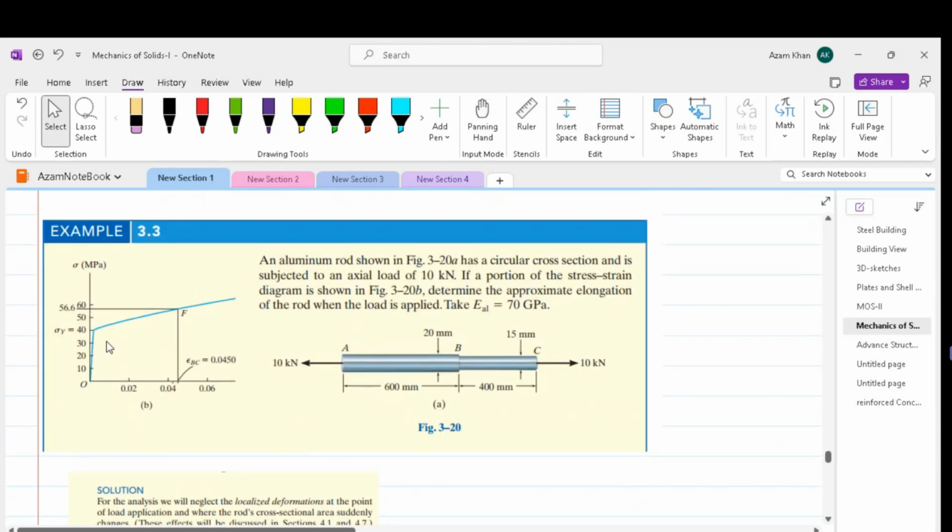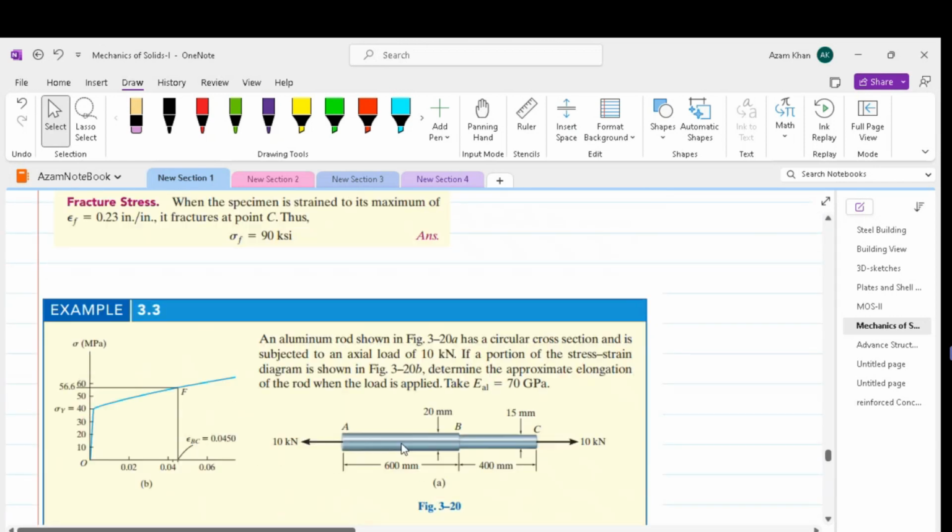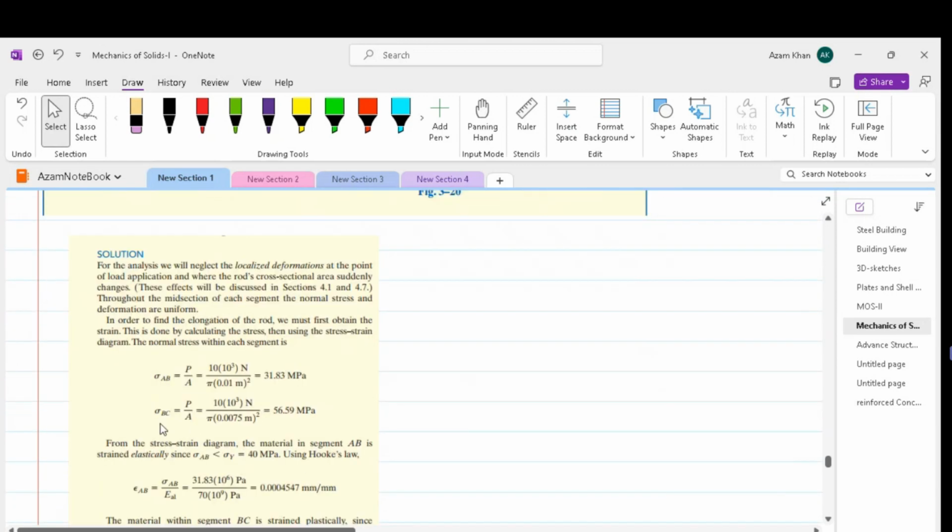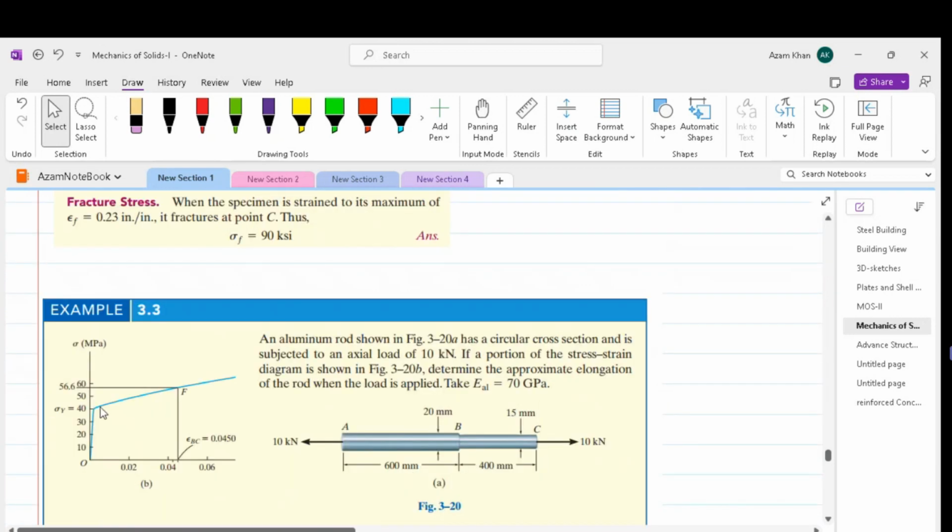Now, 31.83 is in the elastic region. So stress is equal to E times strain can easily be applied. We can work out the extension of the AB region easily by using Hooke's law. The BC region has stress equal to 56.59, which is beyond the proportional limit.